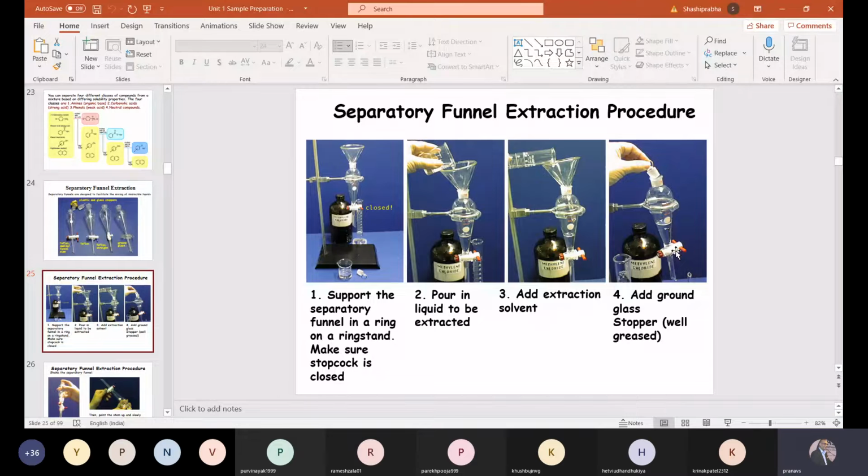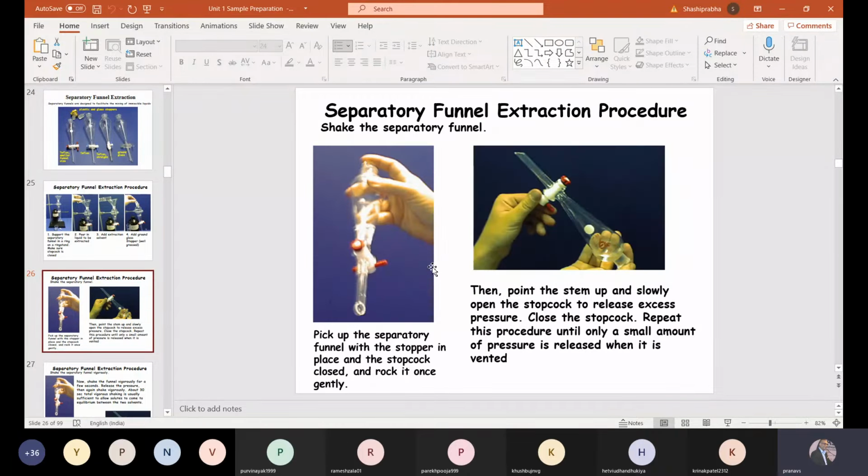And once we have added both the phases in this separatory funnel, we can stopper it. And then the next part is we need to shake this solution, this apparatus. So shaking is upside down, one can do, but in doing so, there is a lot of pressure generated, and therefore you can have this kind of an alignment to remove the pressure.